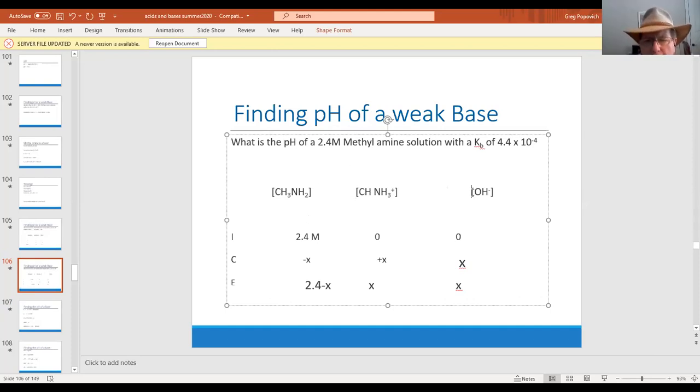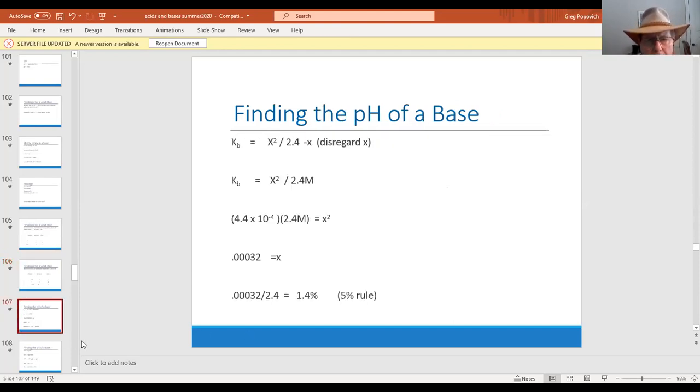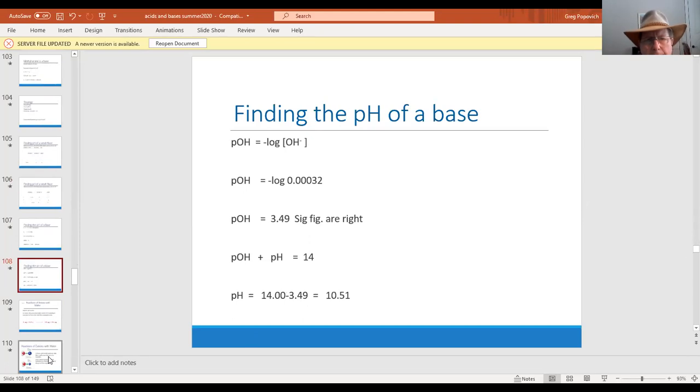So I have to change my concentration of OH into a pOH. Then whatever my pOH is, I have to subtract it from 14. I get a pOH of 3.49. 3.49 plus pH is equal to 14. So if I subtract the 3.49 from 14, I get a pH of 10.51.